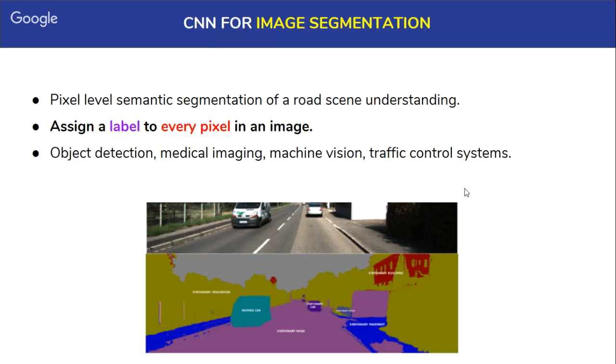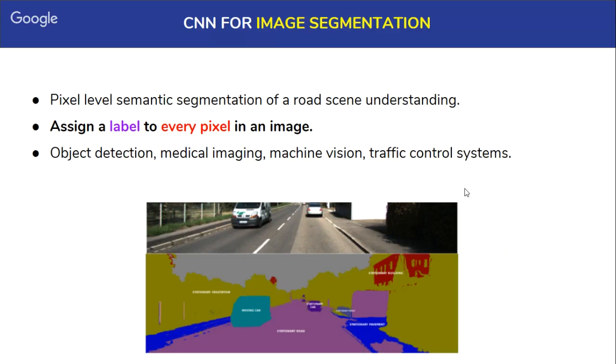In the earlier case of image classification, we took the whole image and gave it a class label. But in semantic segmentation, this is at the pixel level. For each pixel I have to do a classification: whether this pixel is a road, a vehicle, a sidewalk, a lane, or a tree.